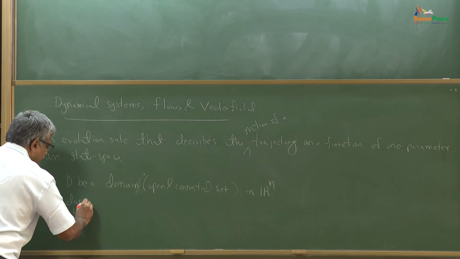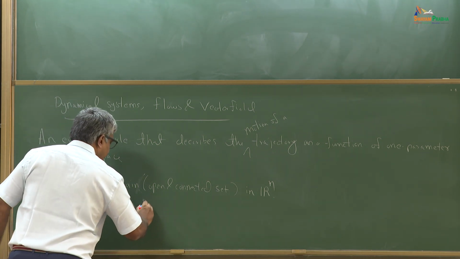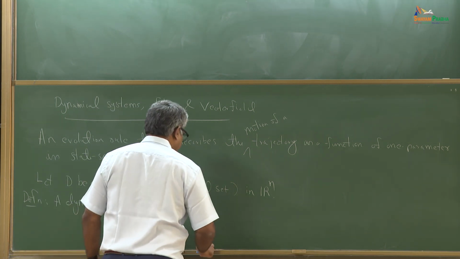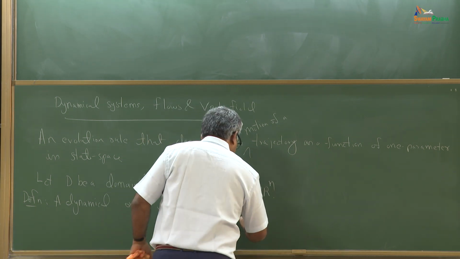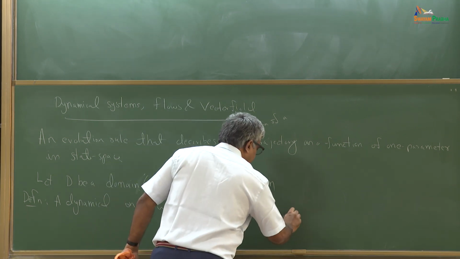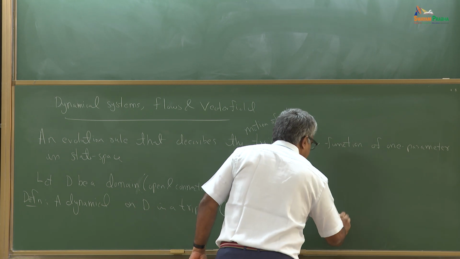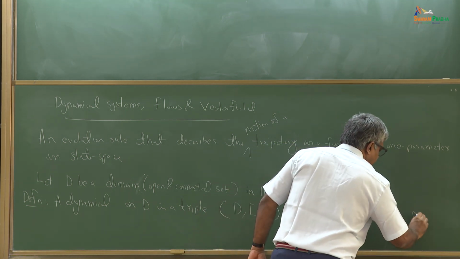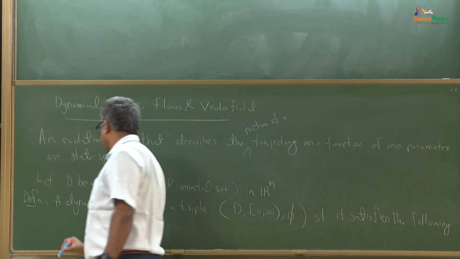A dynamical system on D is a triple. What does this triple consist of? It consists of this D, then this half interval, right, and a map phi, such that it satisfies the following properties.